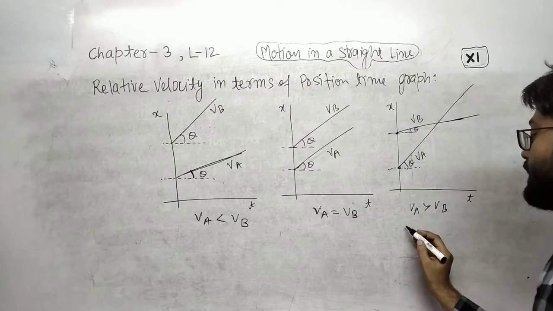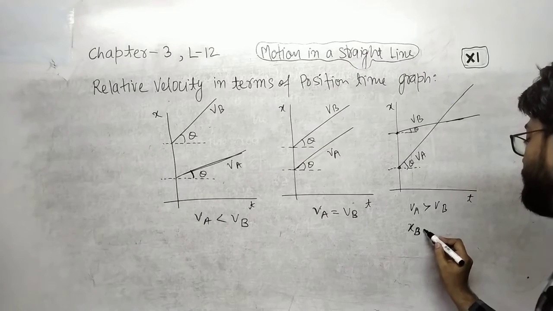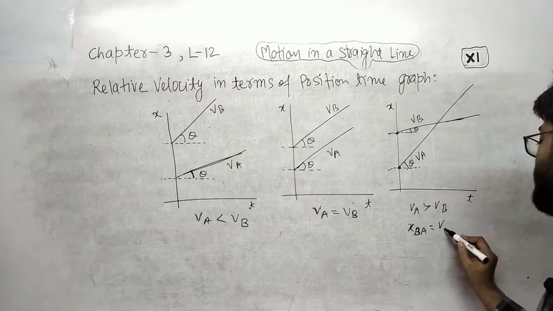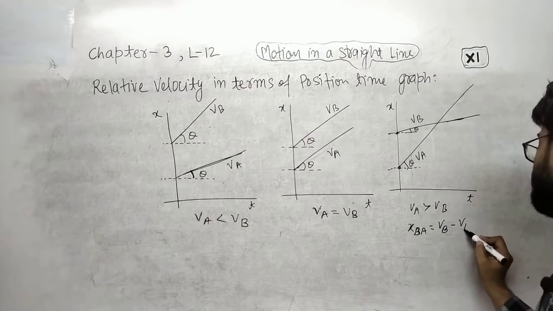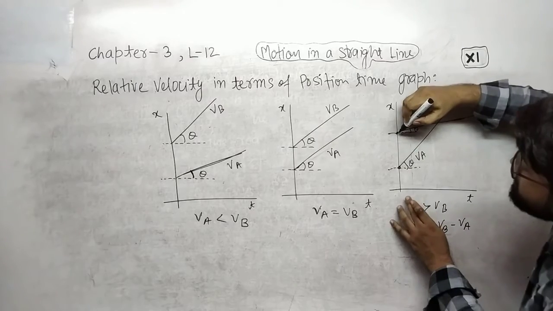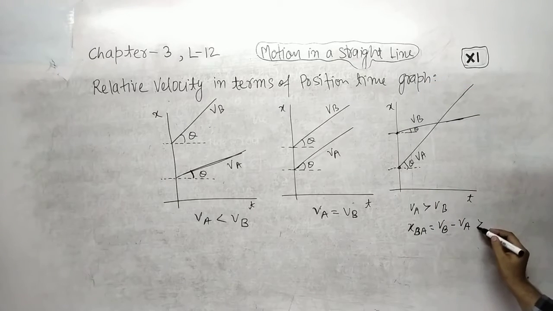Here, if you take the position of B with respect to A, position of B minus position of A, because B is greater and A is less, that means it is positive.